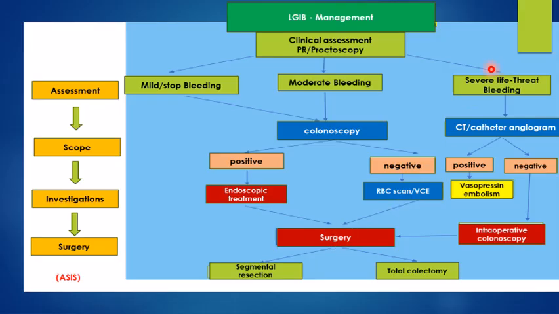Now, in the case of severe life-threatening bleeding, which is a very important group of patients, although the number may be small, you have to subject the patient to a mesenteric angiogram.